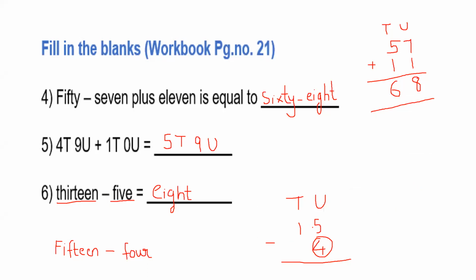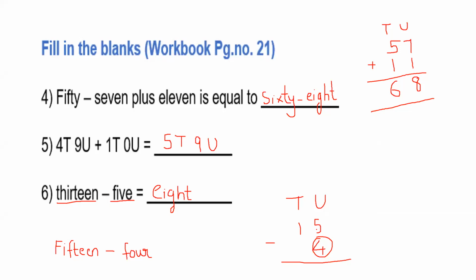So now solve this. 15 minus 4. Take out 4 in your hand. Count before 15. Minus sign is given, so that means you have to subtract. Subtract means backward counting you have to do. Take out 4 in your hand.